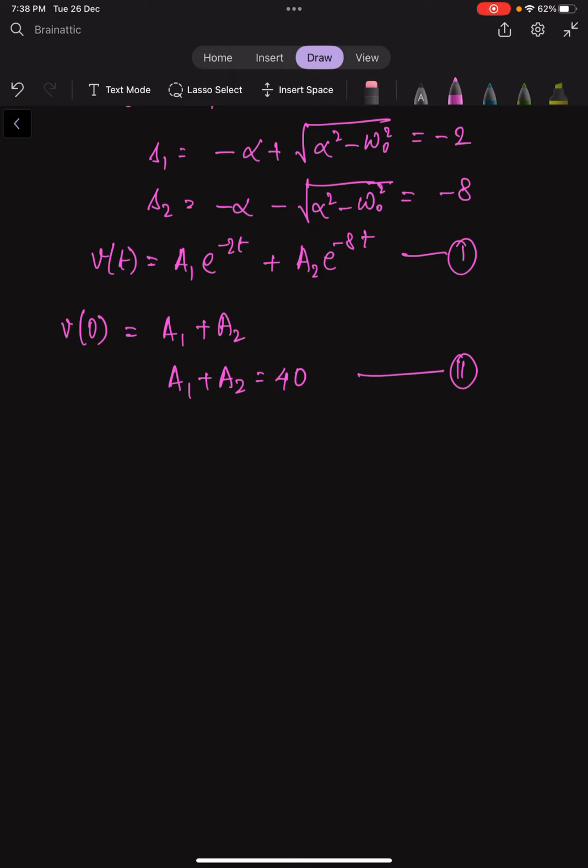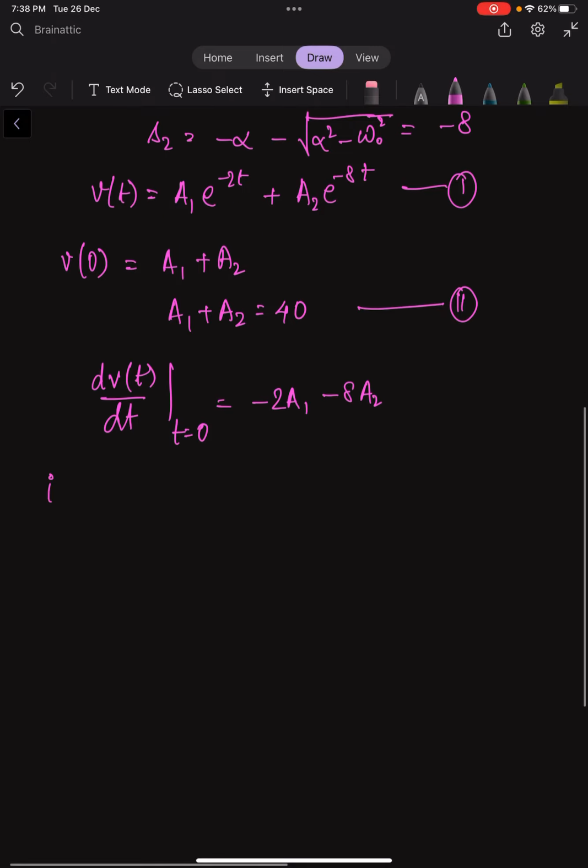Now we find the derivative dV(t)/dt with respect to time at t equal to 0. This is equal to minus 2A1 minus 8A2, and we mark this as equation 2.